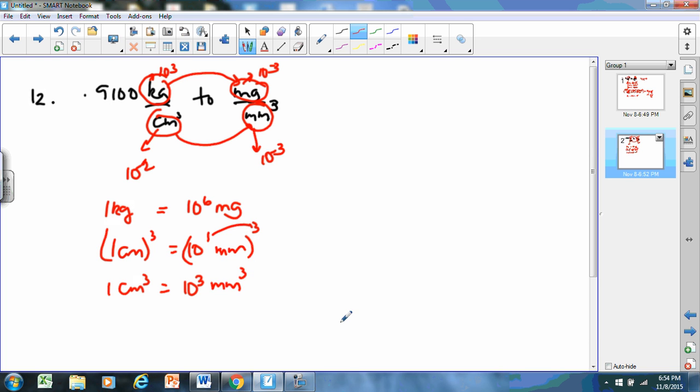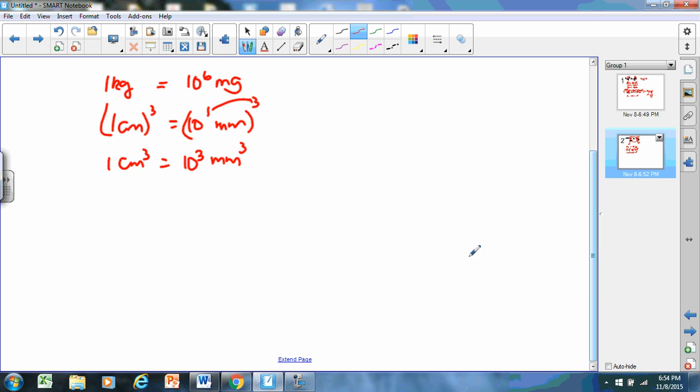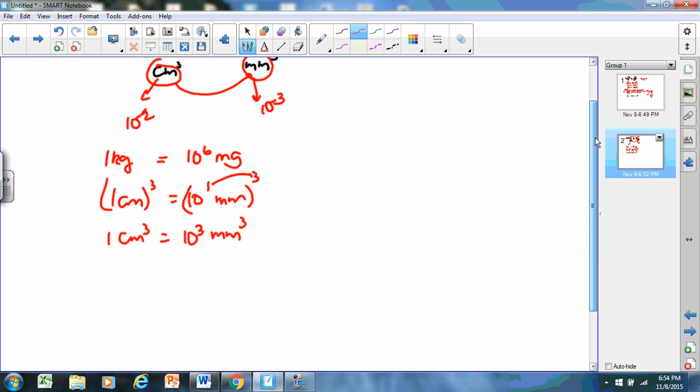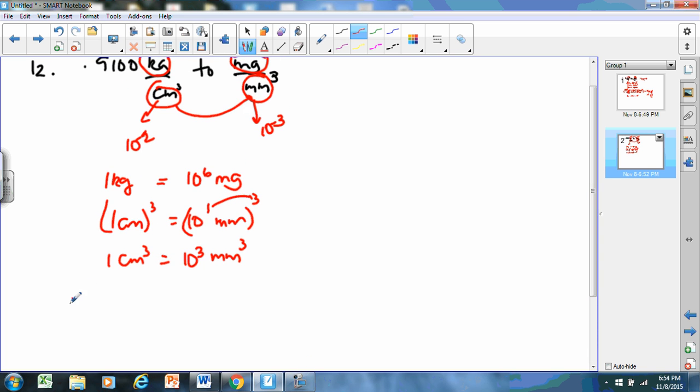And so then let's just slide this down just a tad. And maybe not that much, because now I have to see the problem. Okay, so what goes in the first set of parentheses? 0.9100 kilograms over 1 cubic centimeter.